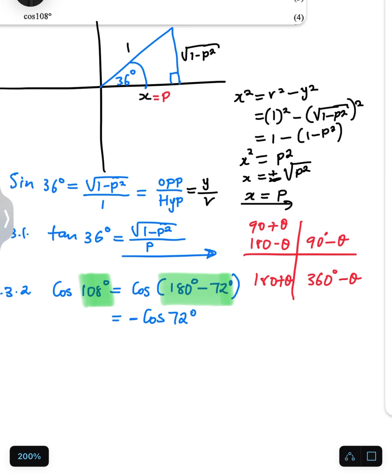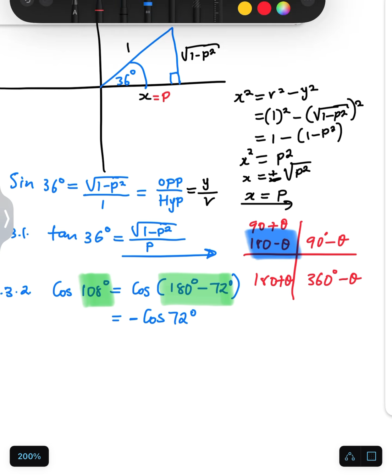So that is the information there. But 180 minus theta, so take 72 as our theta. When you say 180 minus theta, that is in the second quadrant. This is this area here. If you use the CAST diagram, cos is negative in the second quadrant. So that is why we have a negative before cos, and our theta in this case will be 72.